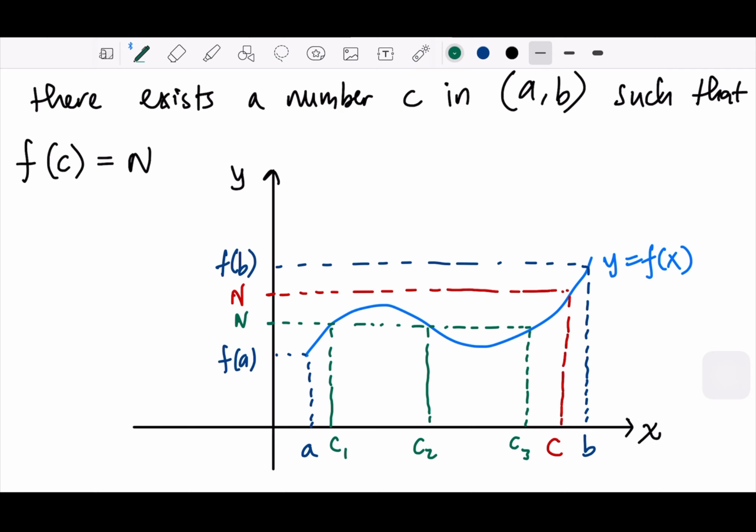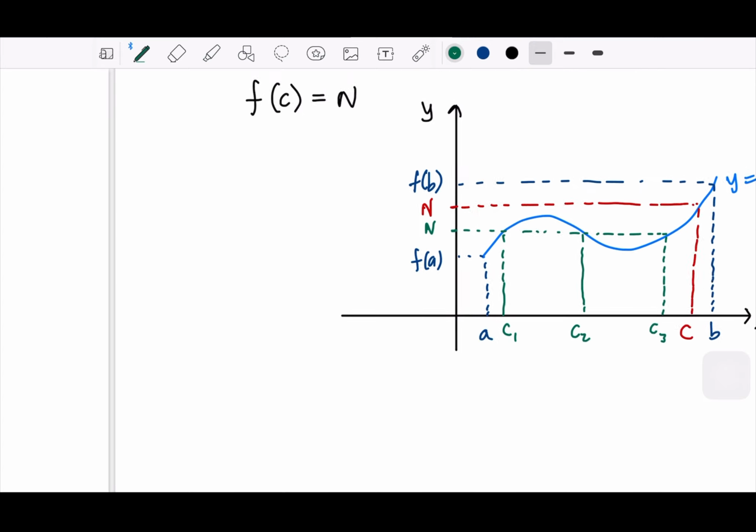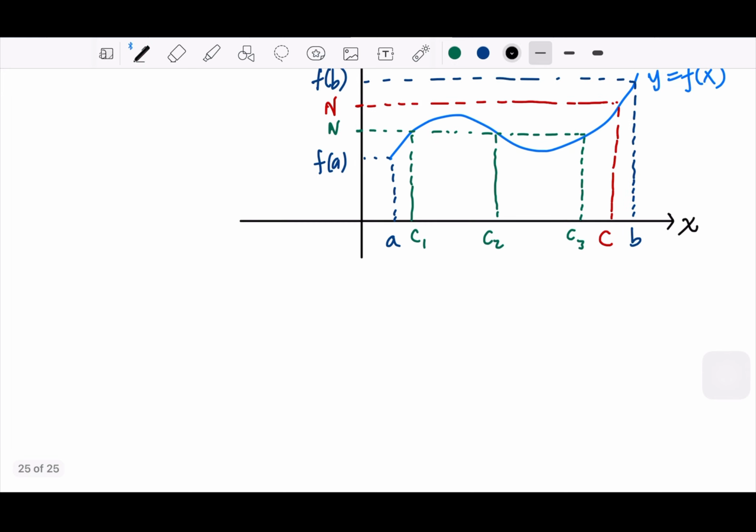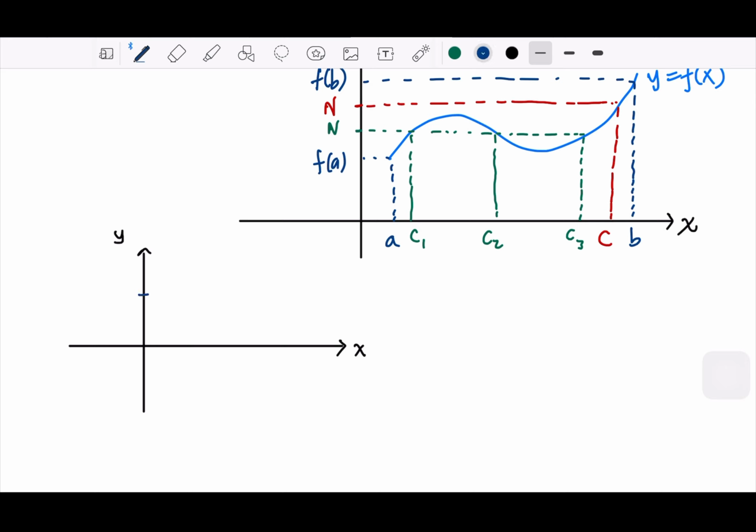It will be more obvious if you imagine f(a) and f(b) are divided by the line y equals 0. So if we imagine that this is the x, y axes, and then imagine that maybe f(b) is here and f(a) is here.